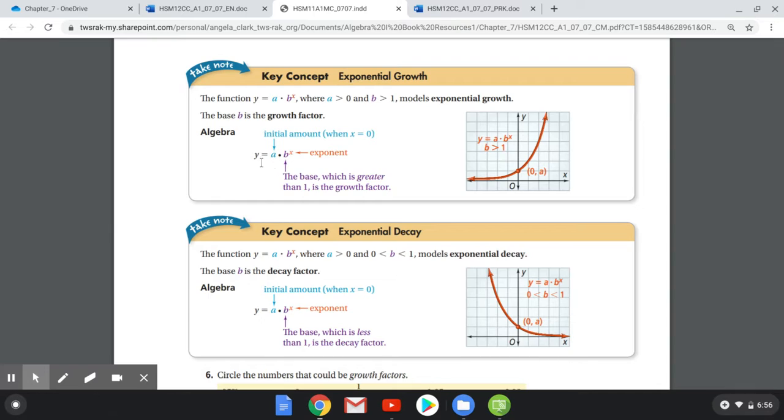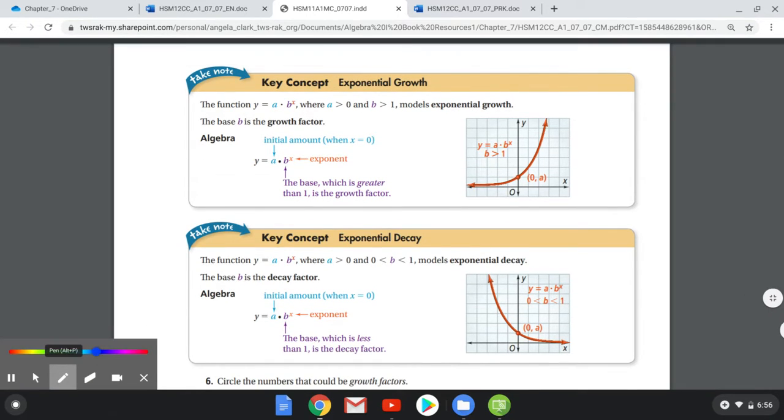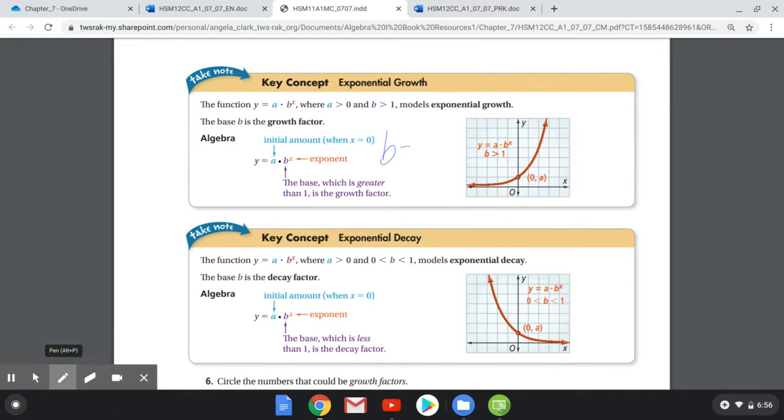Specifically, in an exponential growth word problem situation, B is going to equal 1 plus whatever the rate that we're given is. So if we're given a percentage, like something is increasing by 5%, then we're going to change that to a decimal, 0.05, and then we're going to add 1, so 1 plus 0.05, so that'd be 1.05.